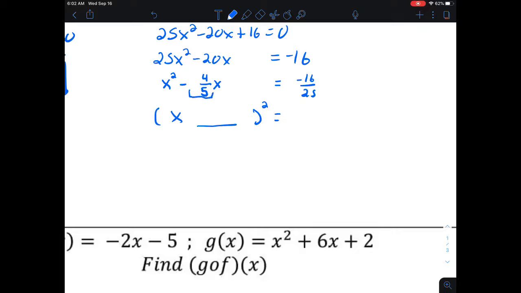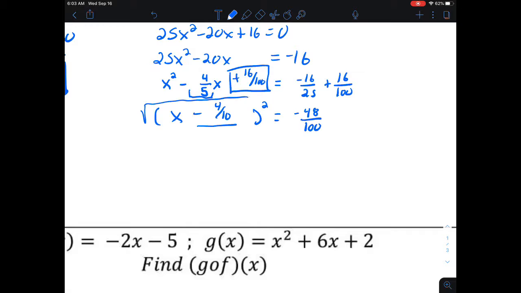All right, we're going to half the number in front of the x. I'm going to square it, put it back up here on the previous line, and put it on the other side. And take the square root.